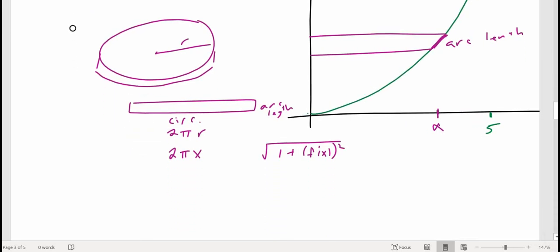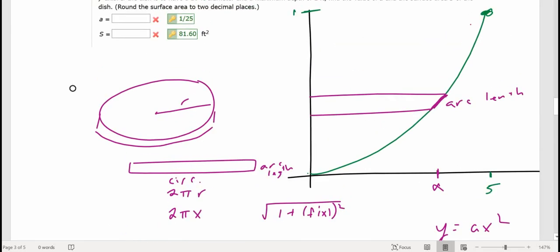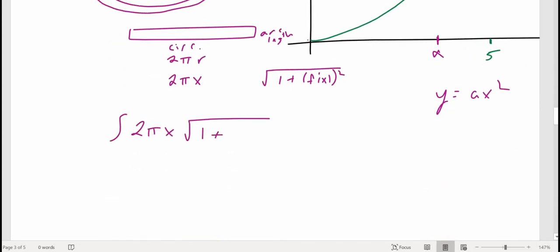So the area of that little slice that we need to integrate is going to be 2 pi times x times the square root of 1 plus f prime of x squared. For f of x, the other part that we had to find, we know it's a x squared, and we also know that this top corner up here is at the point 5, 1, because it goes out 5 for that radius, and then just the depth of 1.